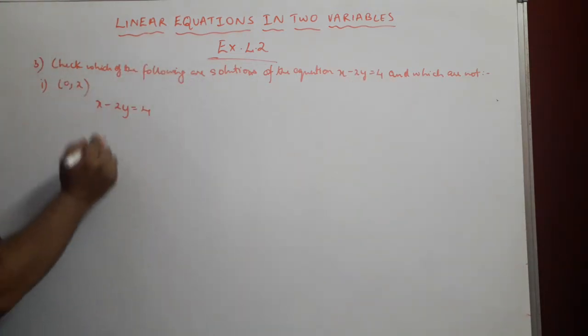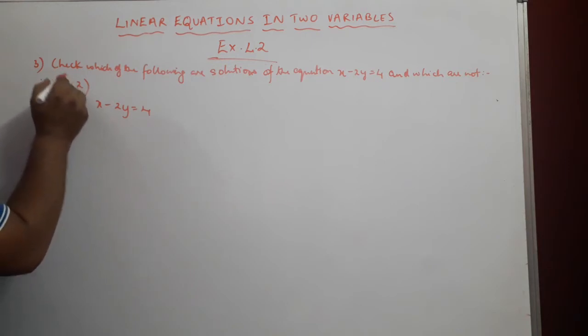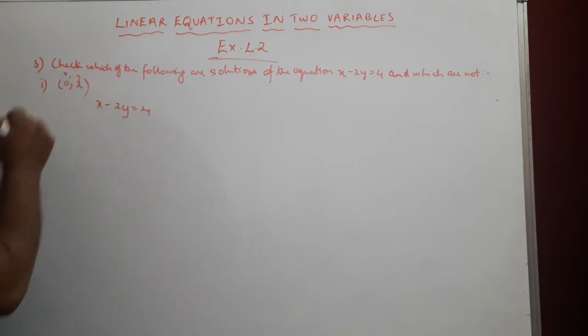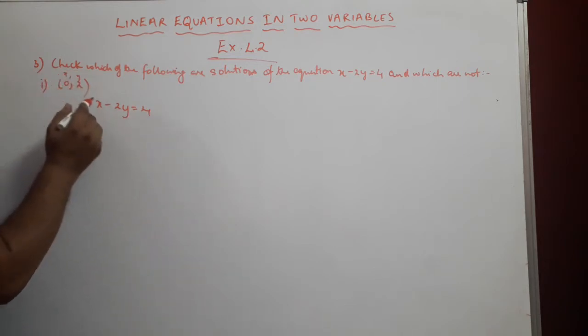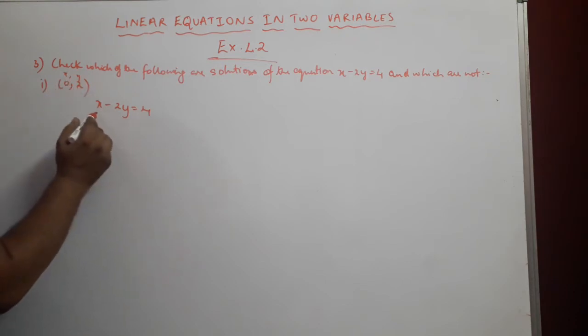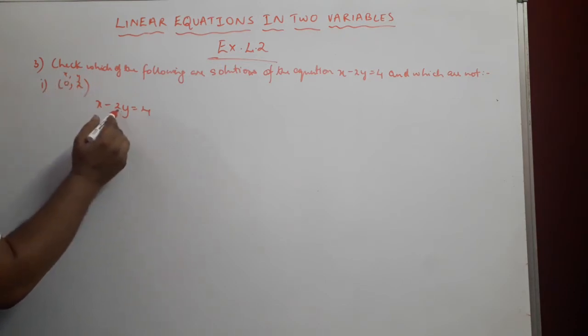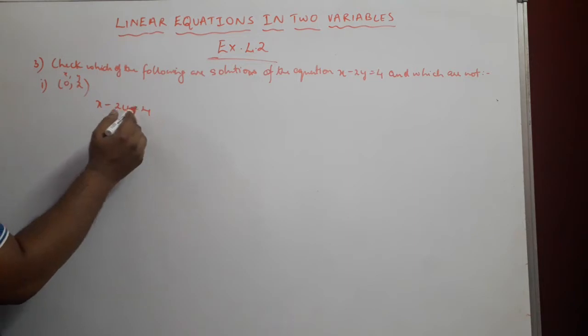What it means is this 0, 2 actually means x, y. Value of x is 0, value of y is 2. When we substitute x equal to 0 and y equal to 2 in the left hand side, we should get it equal to 4.